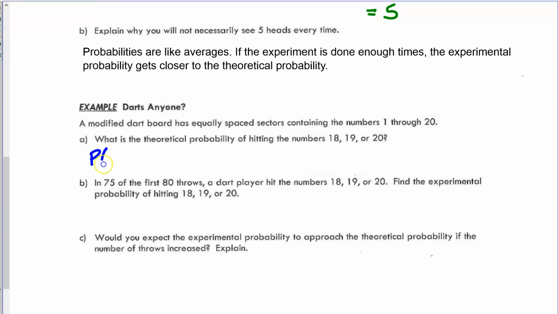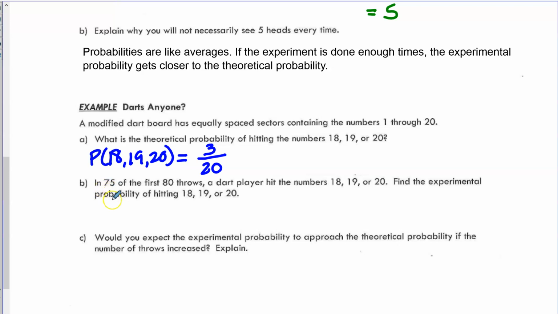So the probability of 18, 19, or 20 is equal to, since it's a theoretical probability, the successful outcomes, which are 3, over the total possible outcomes of 1 through 20. There are 20 options there. So there are 3 successful possibilities over 20 total possibilities. That is your theoretical probability.